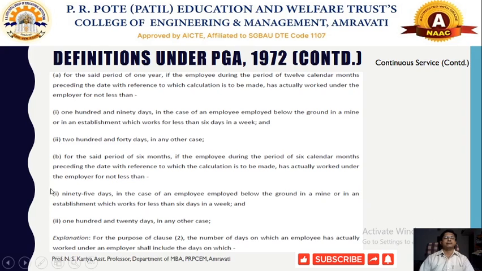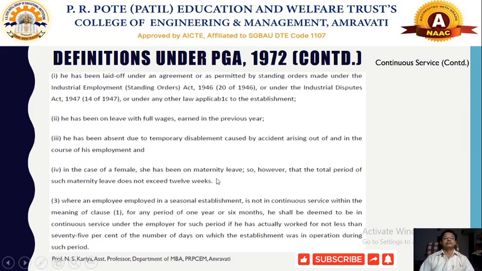There will be some different provisions to say that the employee is in continuous service, specifically in case of clause 2, the second clause, for 1 year working, and the second clause specifically for 6 month working.